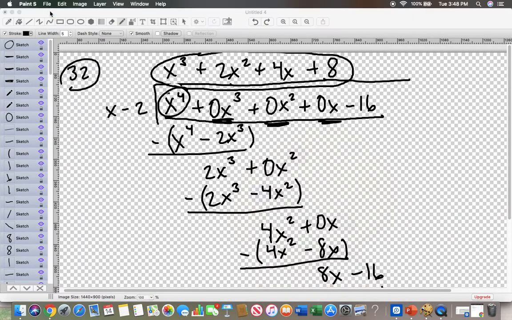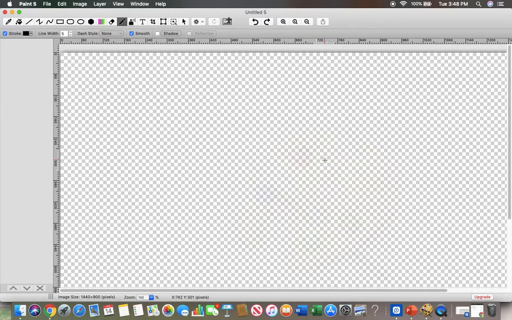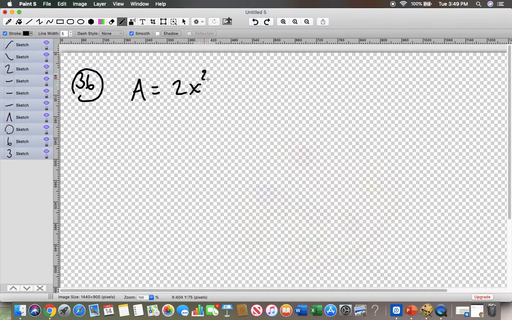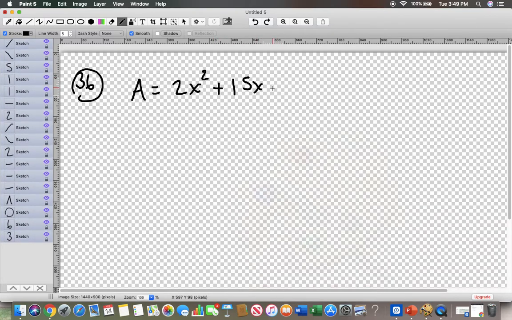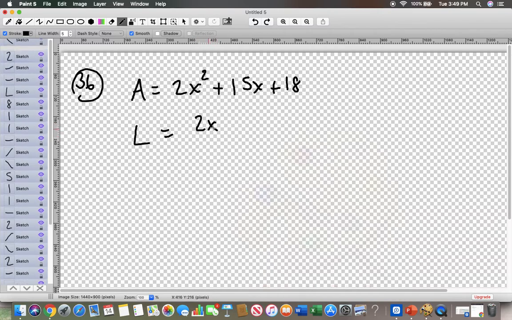Okay? Let's turn to page 398. And let's do number 36 together. It says, write a polynomial expression for each of the following. The width of the rectangle. Okay? Well, inside the rectangle, it tells us the area is 2x squared plus 15x plus 18. And it tells us the length is 2x plus 3.